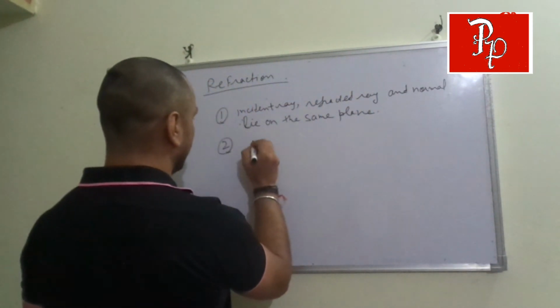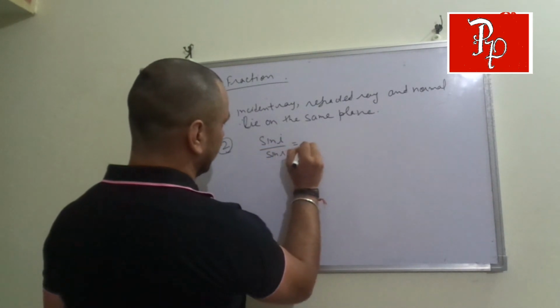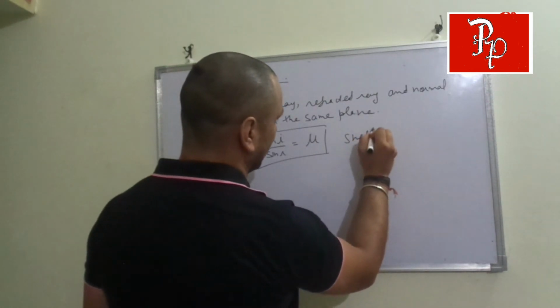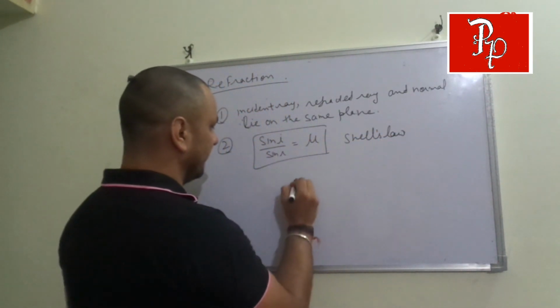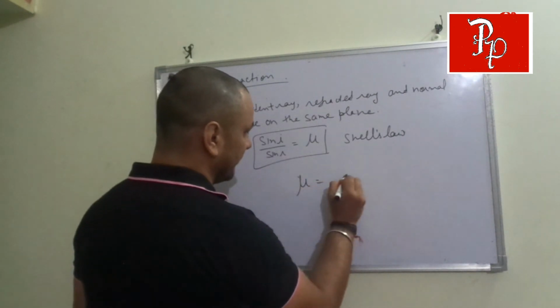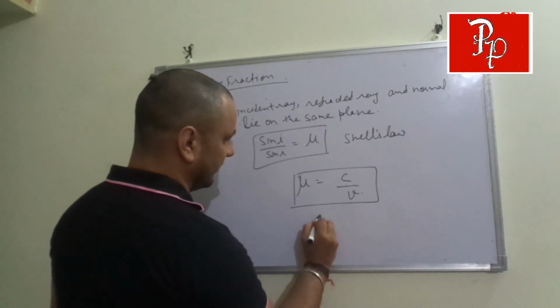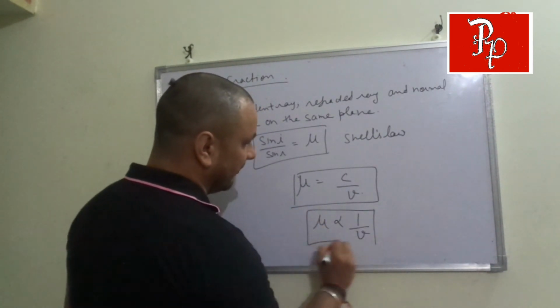Second, sin I upon sin R, that is mu. This is also known as Snell's law. We also call this Snell's law, that their ratio remains constant. From here we conclude that mu is C upon V. That is, we can also say refractive index is inversely proportional to the velocity.